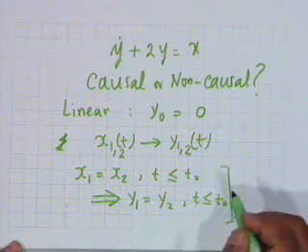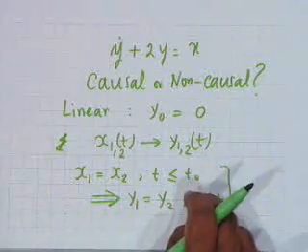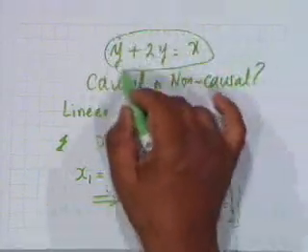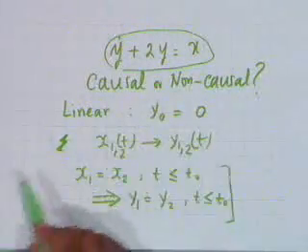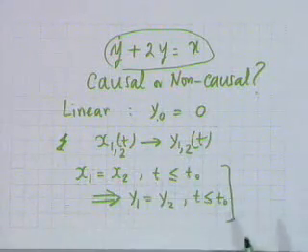This is the necessary and sufficient condition for causality. We shall try to apply this condition to find out if the system with the linearity condition, that is y0 equal to 0, is causal or non-causal.